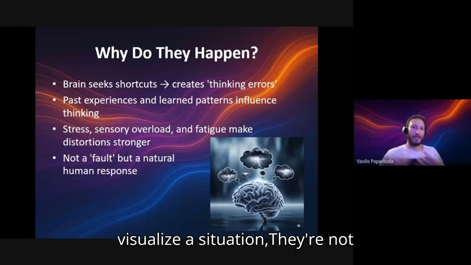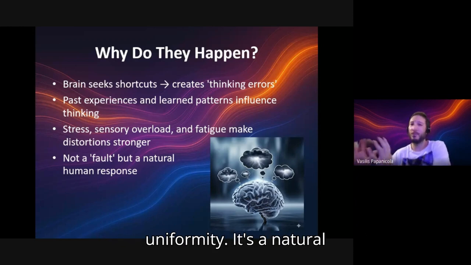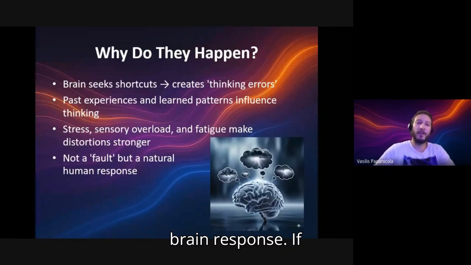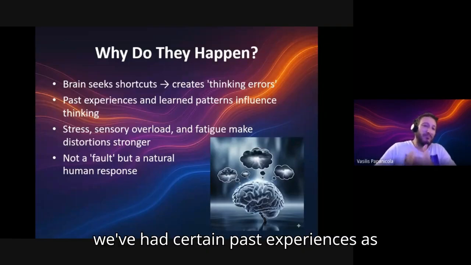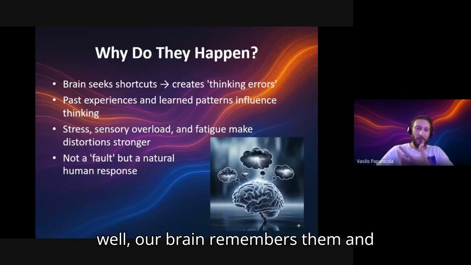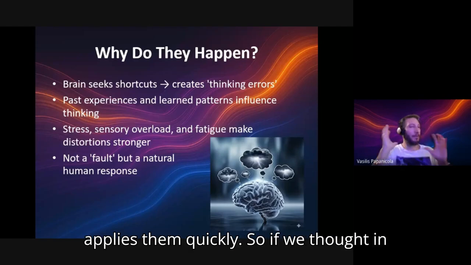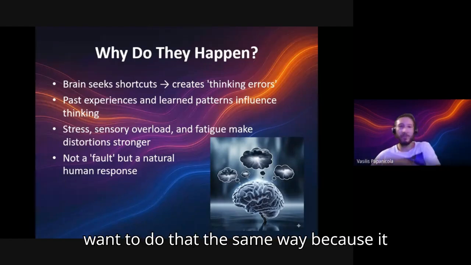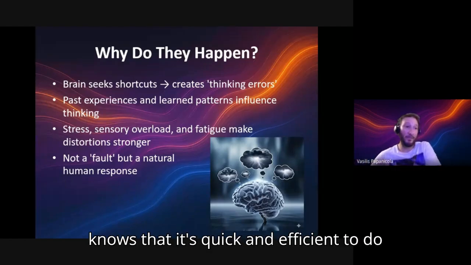When you visualize a situation, they're not always uniform, but what we want is uniformity. It's a natural brain response. If we've had certain past experiences as well, our brain remembers them and applies them quickly. So if we thought in that way before, our brain's going to want to do that the same way because it knows that it's quick and efficient to do so in the future.